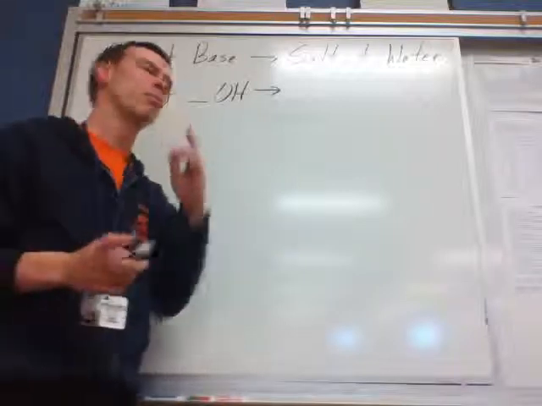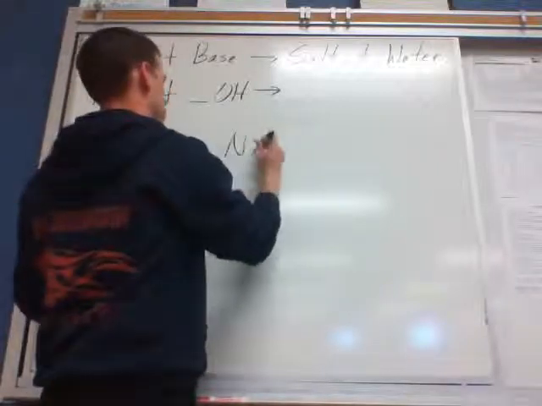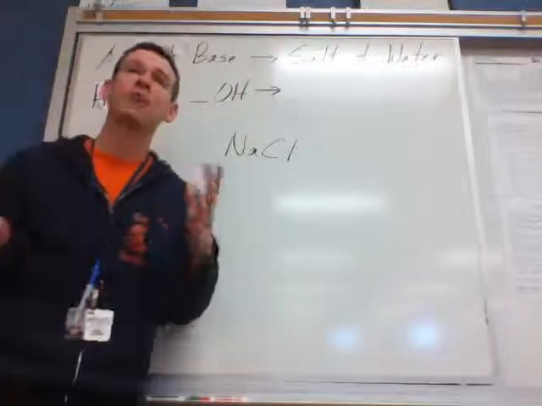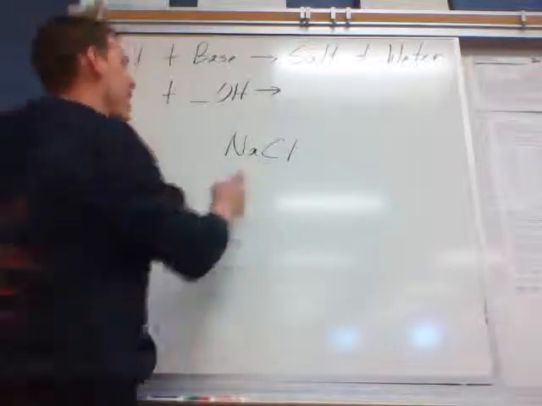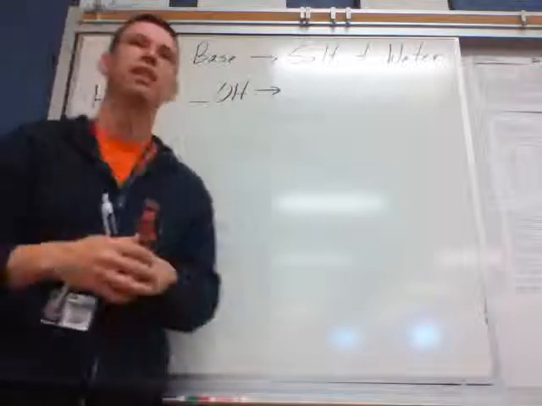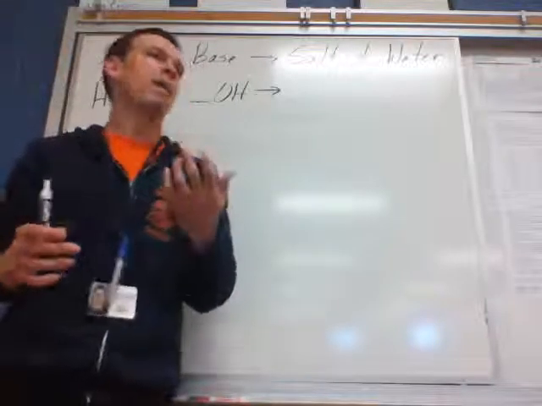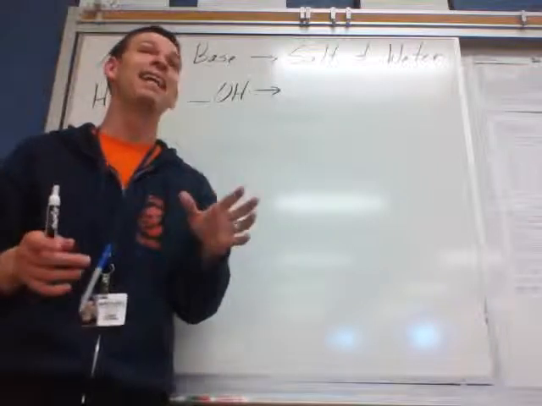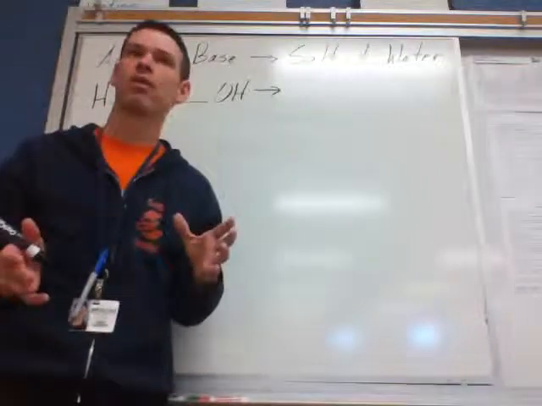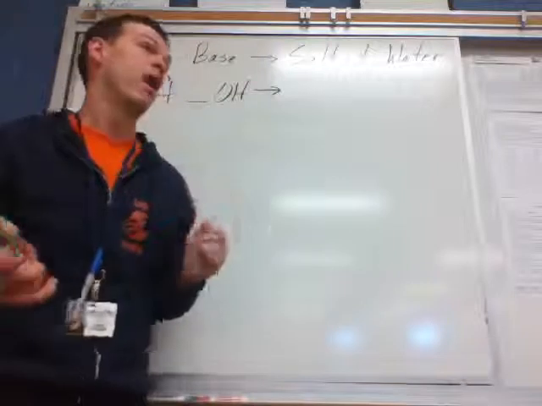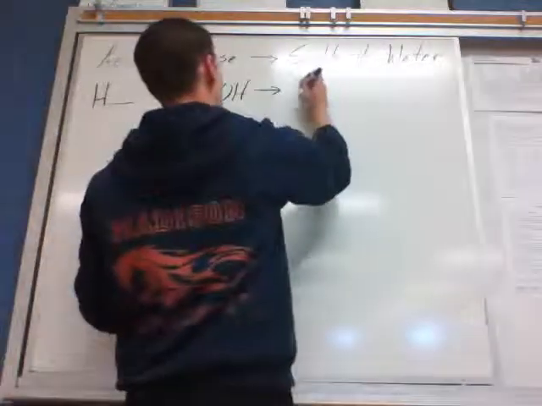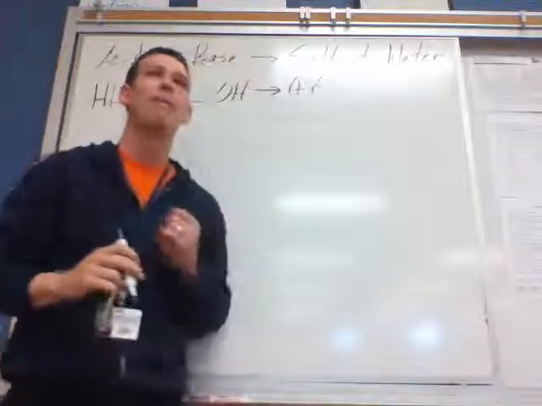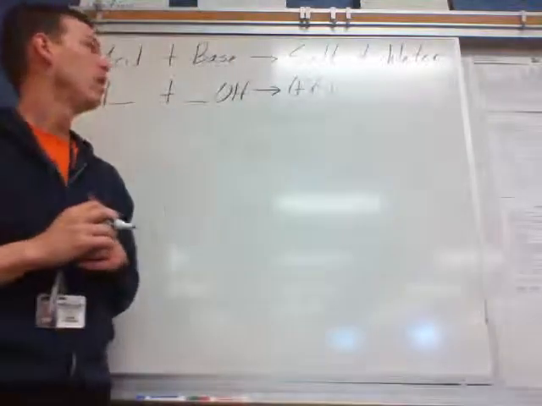When I say salt, some of your brains go straight to this. That's table salt, one of 1,000 different salts. So that is not what I want you to think of when you see the word salt. Chemically, for our purposes, we're going to say that salt is any ionic compound. If you remember, in order to be ionic, you very simply had to be a plus bonding with a minus, usually a metal bonding with a non-metal.